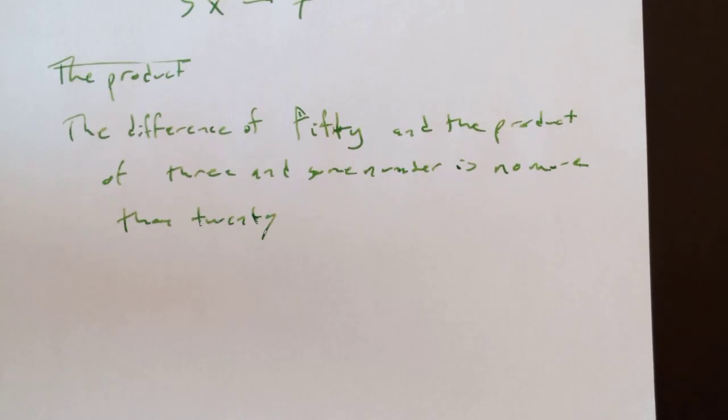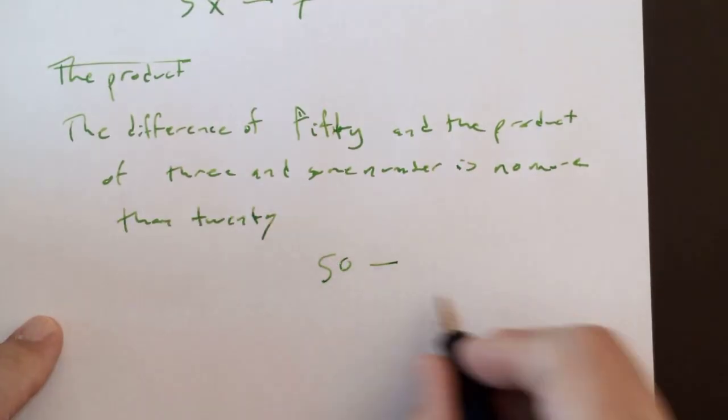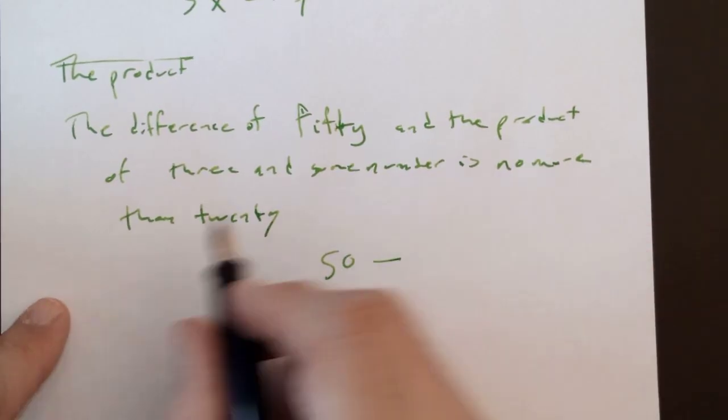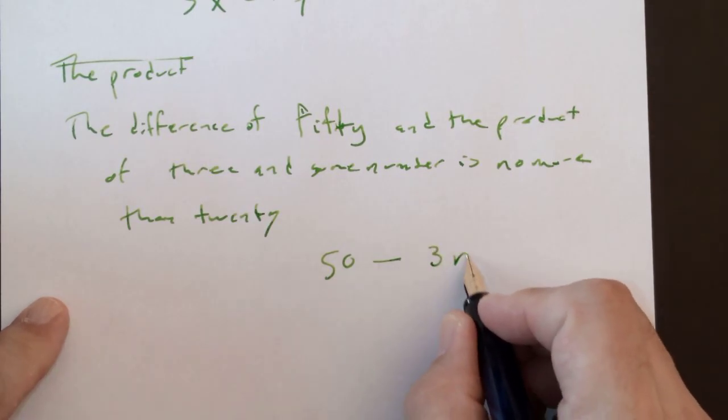The difference of 50 and the product of 3 and some number is no more than 20. The difference of, what do I need to write? The word difference means subtracting something. The difference of 50 and the product of 3 and some number. The product of 3 and some number.